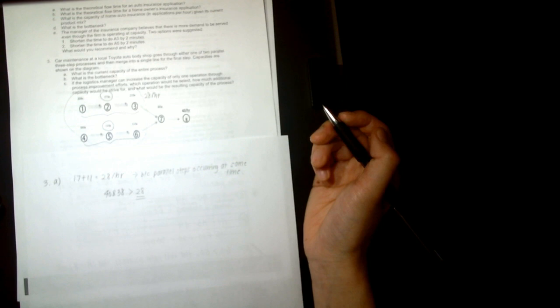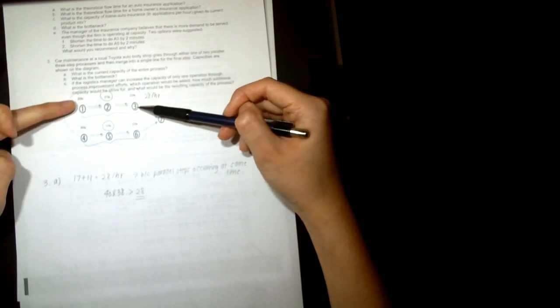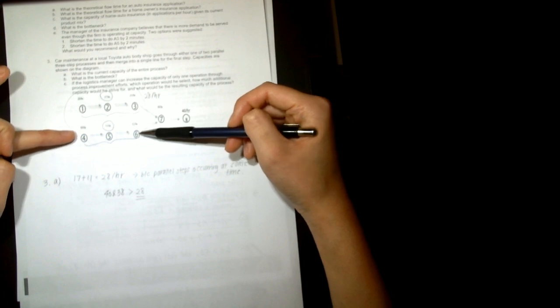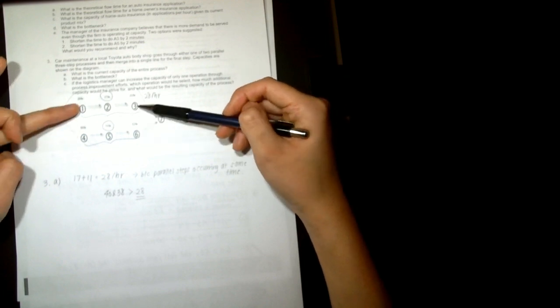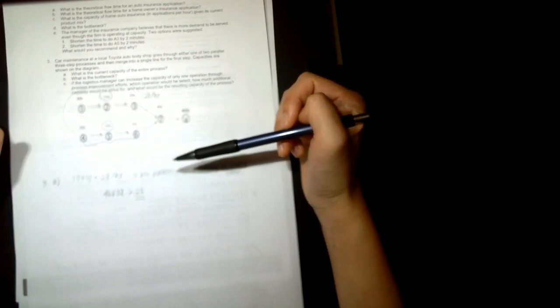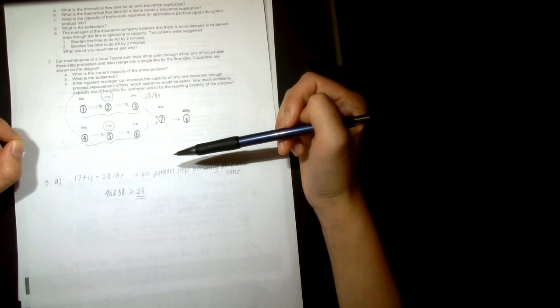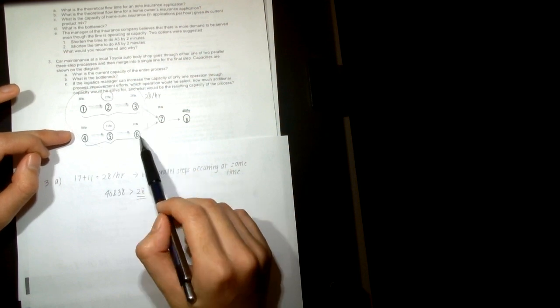Because there are two parallel steps, right? If something is happening here and something is happening here at the same time, the outputs will be added. No, because this and this are independent of each other. Do you get what I mean?